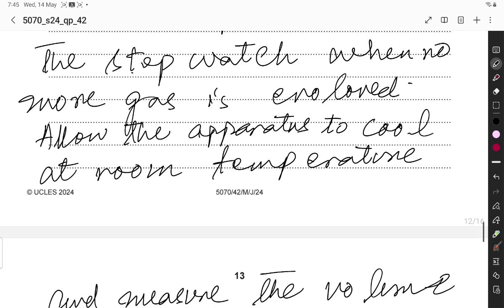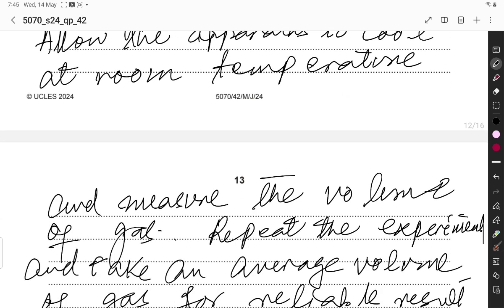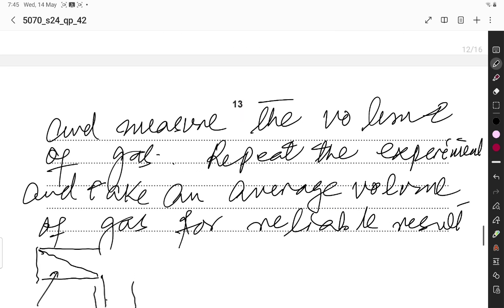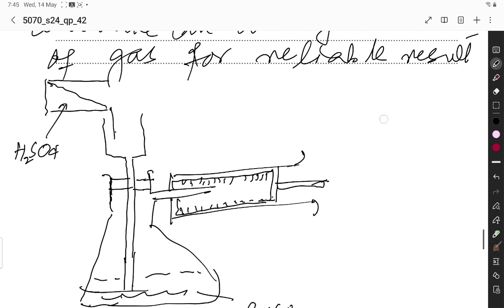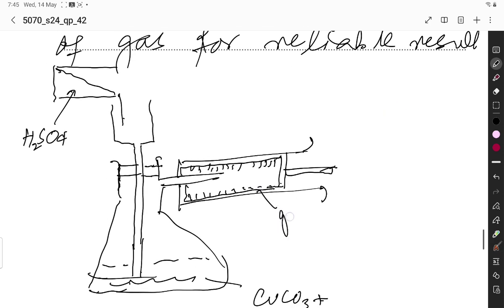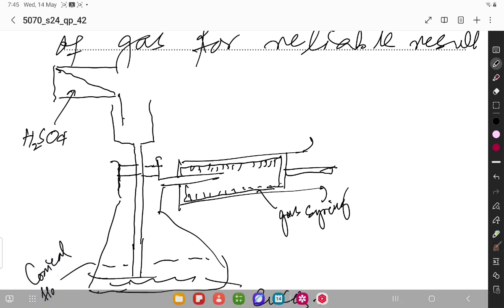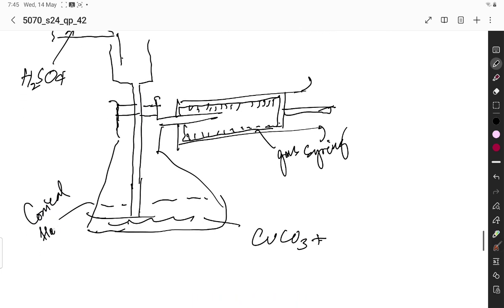Allow the apparatus to cool to room temperature and pressure and measure the volume of the gas. Repeat the experiment and take an average volume of gas for a reliable result. So this is the gas syringe. This is the conical flask. This is the thistle funnel.